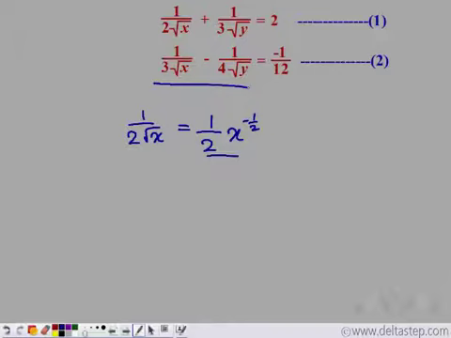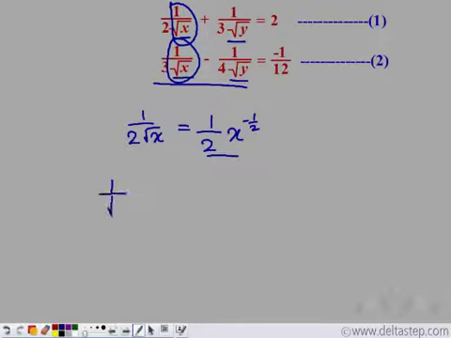Observe that we have root x in the denominator of the first term in both the equations. Also, we have root y in the denominator of the second term in both the equations. So, we can take this 1 by root x from here and 1 by root x from here because these are common and this is the variable part.